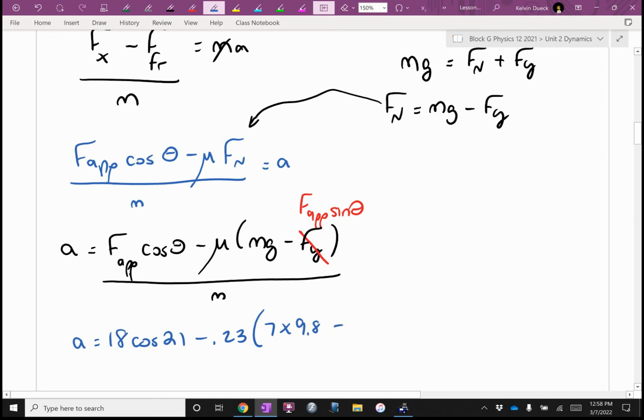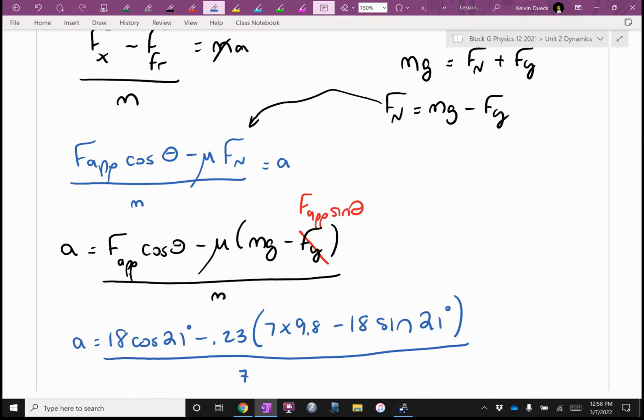Take away 18 sine 21 degrees. Close off that bracket. All over 7. This one is complicated enough. I would strongly urge all of you, try typing this one in.